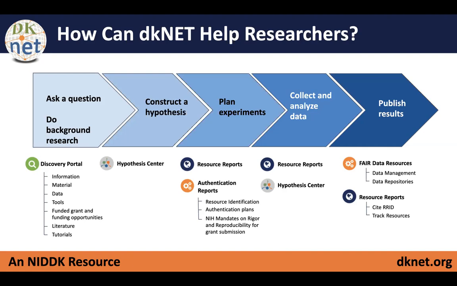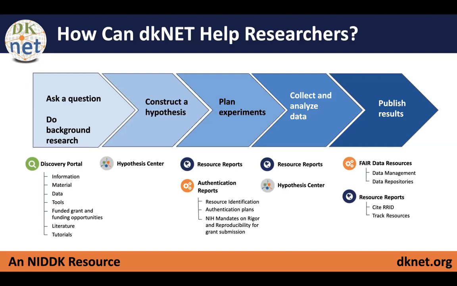So as one goes and plans an experiment, constructs a hypothesis, collects and analyzes data and publishes the results, what we've outlined here are where these various areas can tie in.